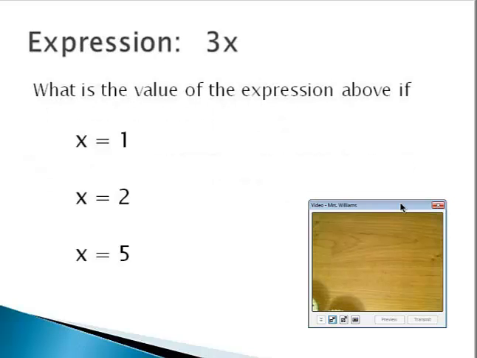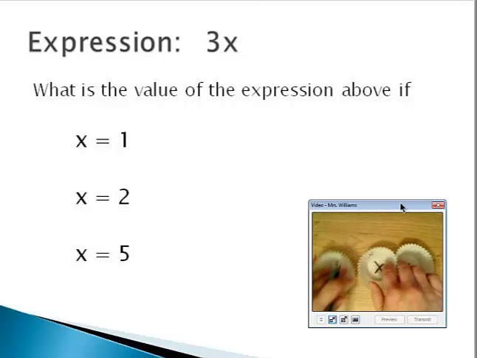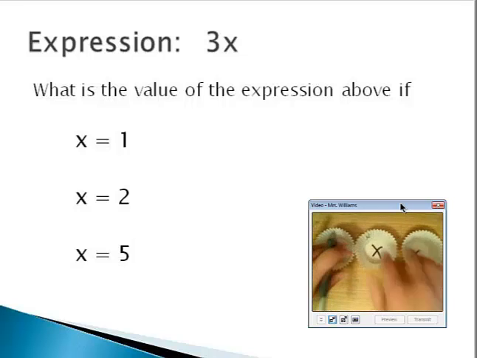Let's take the expression 3x. So that coefficient 3 is telling us that we need to have 3 X boxes. So I've got them there. So the first question, what is the value of the expression if x equals 1?